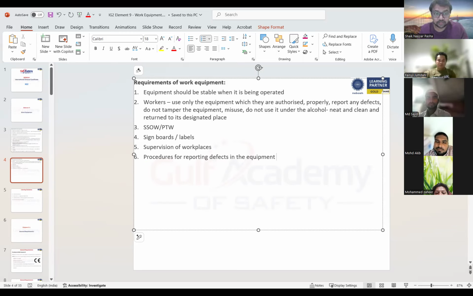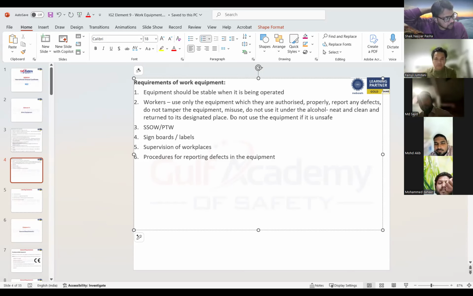And one more worker's responsibility I forgot to mention here. If the equipment is unsafe, should the worker use it or should the worker stop using it? Stop using it, because it is one of the workers' rights. Do not use the equipment if it is unsafe. Okay.